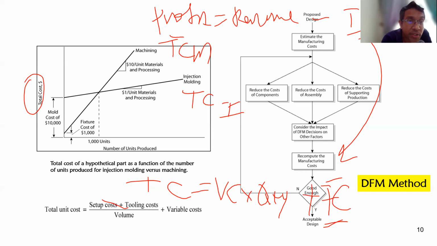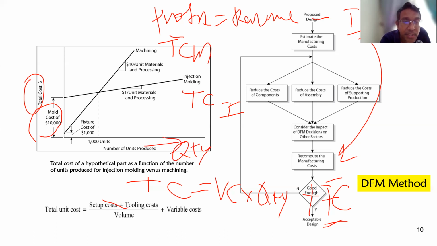For injection molding, you need to invest a lot of money before you can start your business. But for machining, the starting cost is less, an estimated 1,000 for the fixed cost. The fixed cost is the investment you need to make before you can start production using that particular machine.